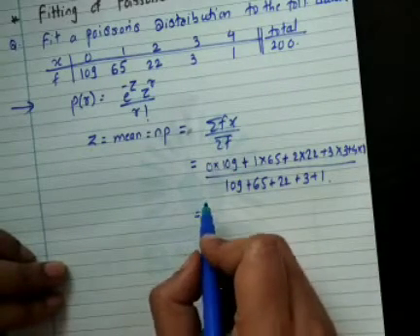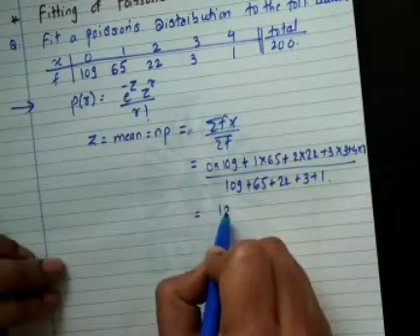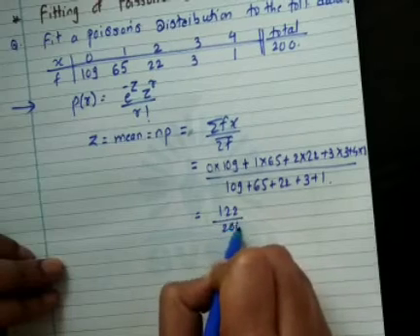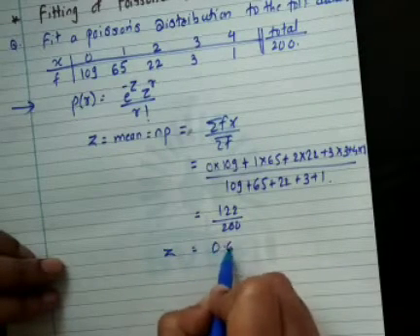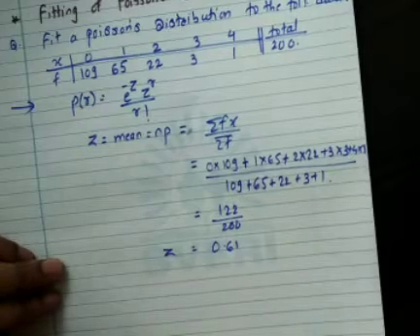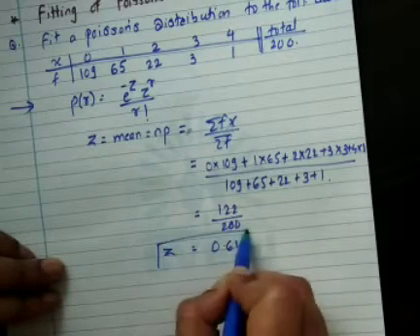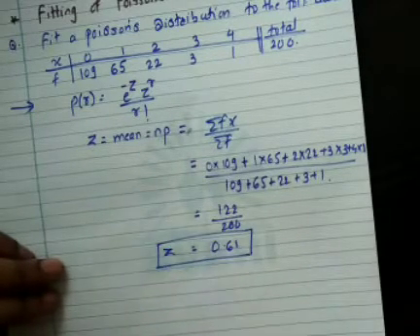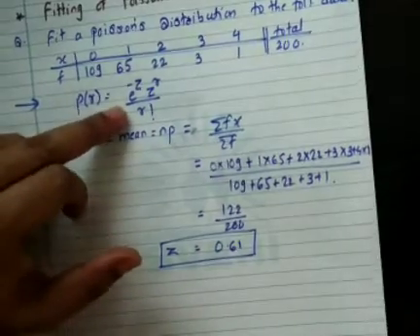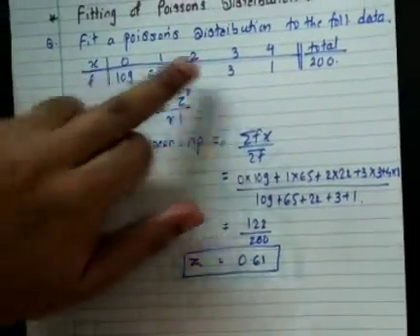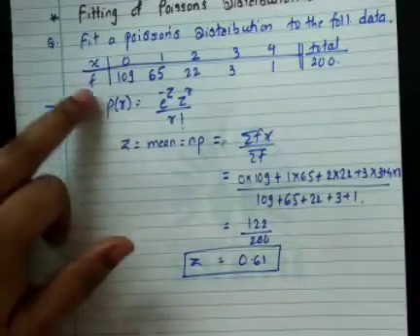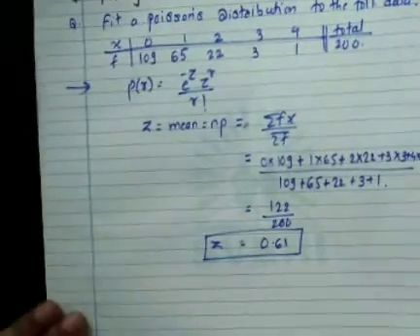So it is equal to 122 by 200, that is, z is equal to 0.61. Okay, we have z now, and in the formula we need z. Then we'll take your x as r now and find the corresponding probabilities.